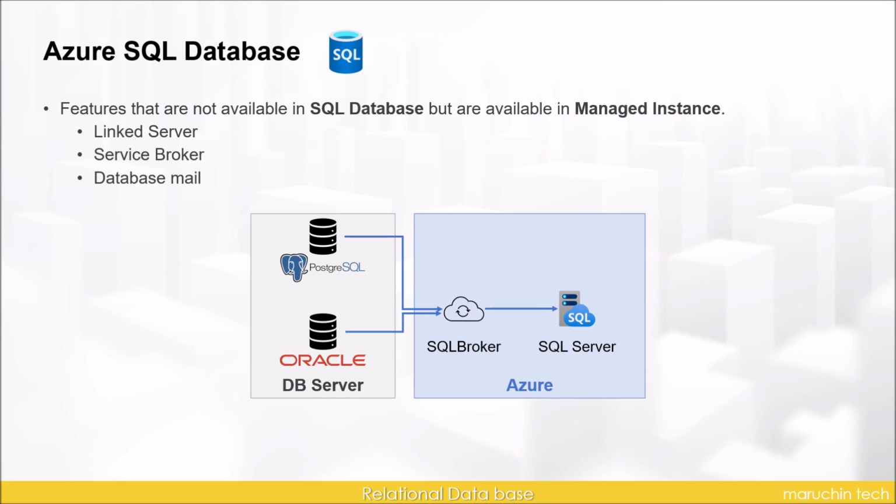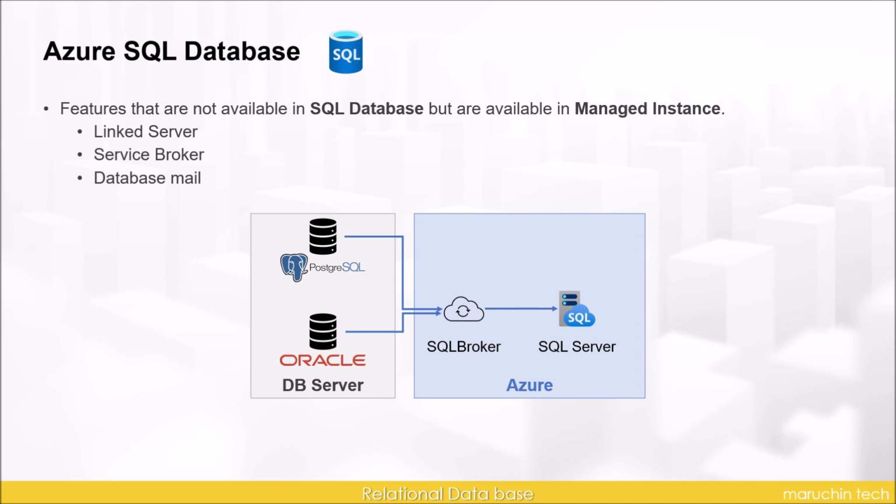And this is a list of the features that are not available in SQL Database, but available in Managed Instance. A linked server is the function to execute queries between different data sources. A linked server allows you to connect to other databases and manipulate data.